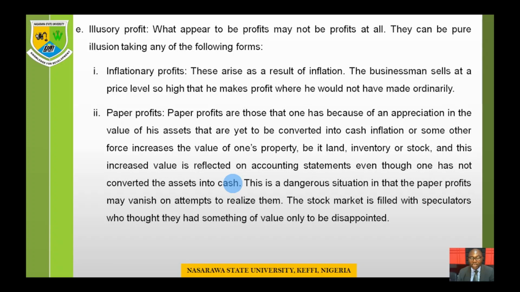This is a dangerous situation, in that the paper profits may vanish on attempt to realize them. The stock market is filled with speculators who thought they had something of value only to be disappointed.